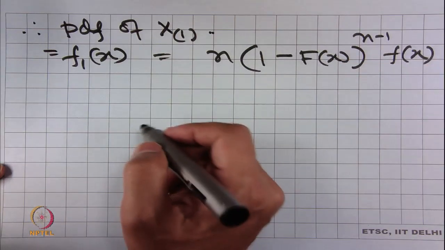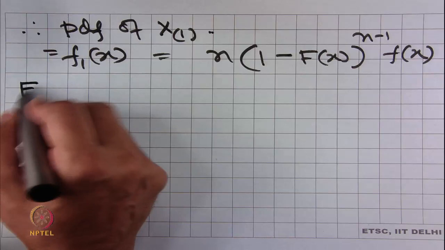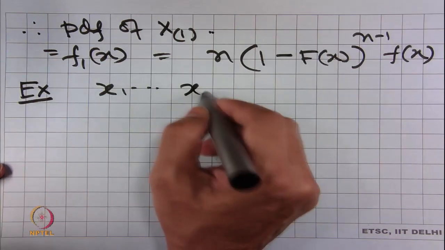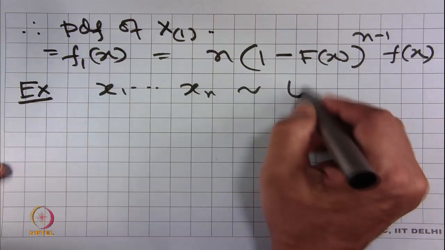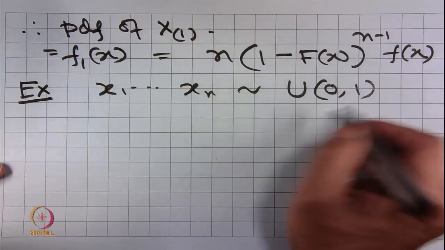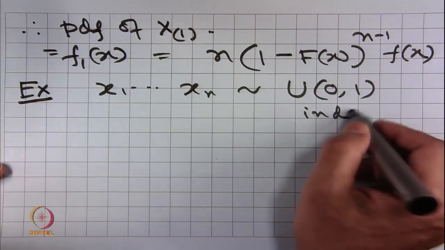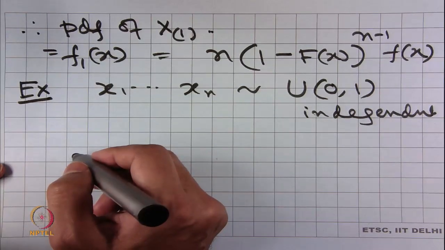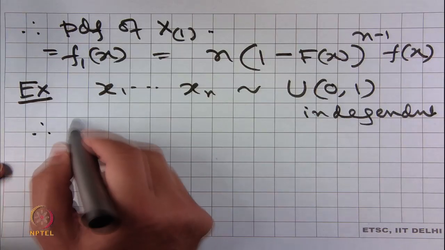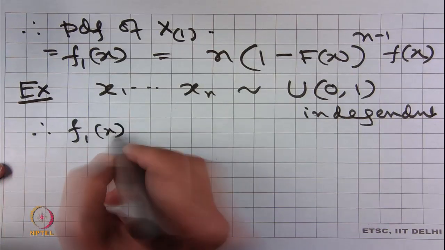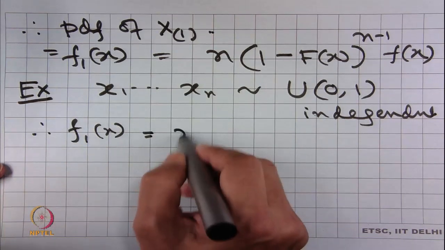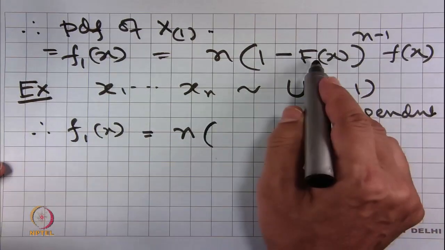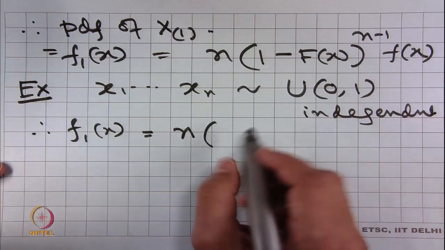Therefore, for example, x 1, x 2, x n are from uniform 0 1 independent. Therefore, f 1 x is equal to n times, what is F x? F x is x for uniform 0 1.